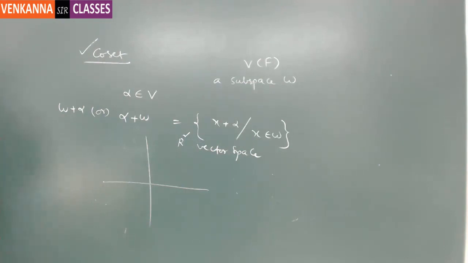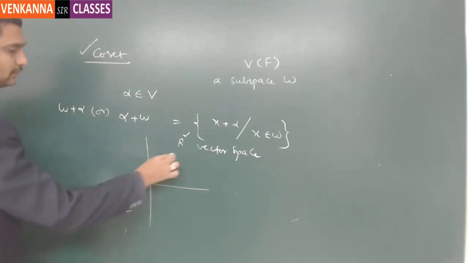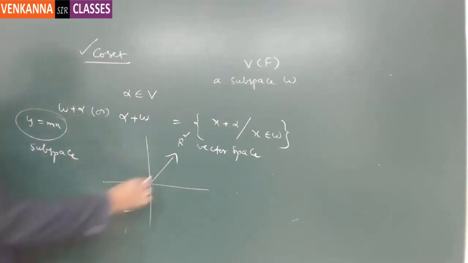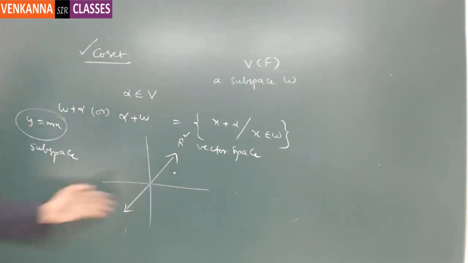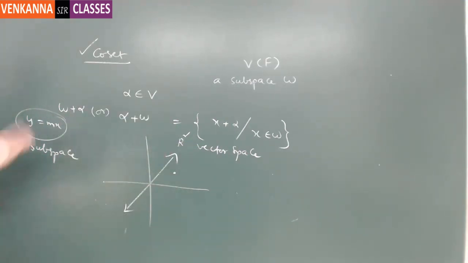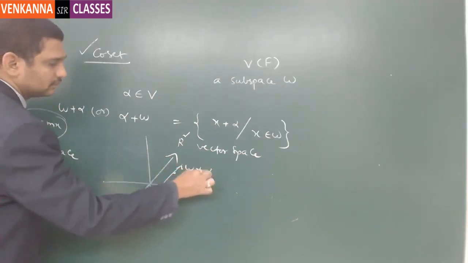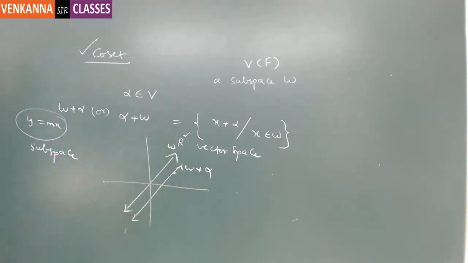A subspace is nothing but any line passing through the origin. So simply y is equal to mx is a subspace. Alpha belongs to V means you fix a point. Any point you can fix. Now W plus alpha is nothing but another line parallel to it.